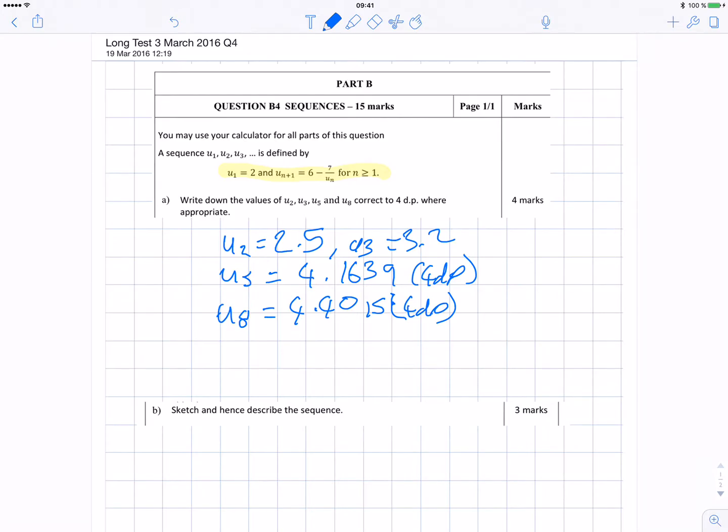I'll post a separate video to show you how to do this on the calculator, just in case you're unsure how that works. And that was for 4 nice marks there.